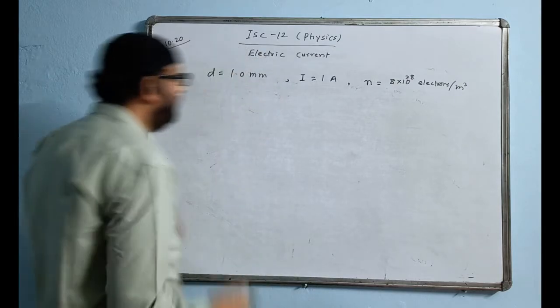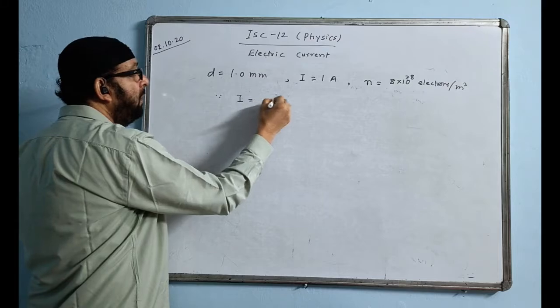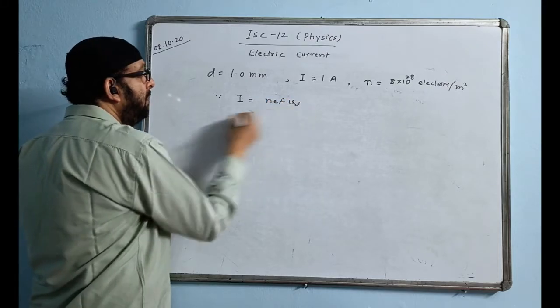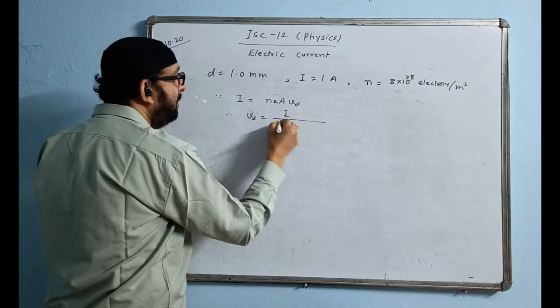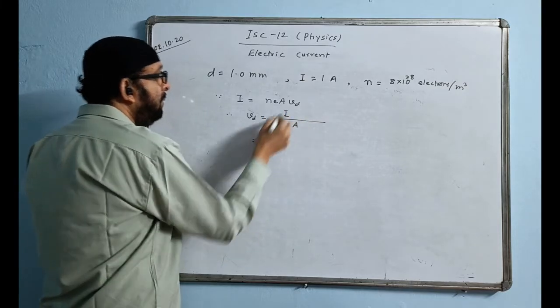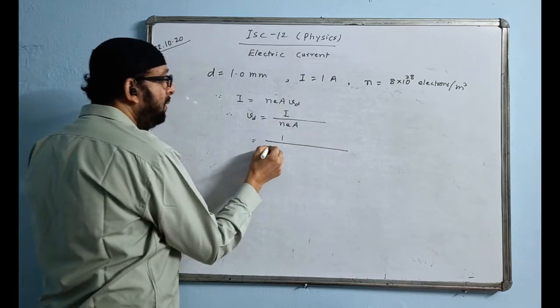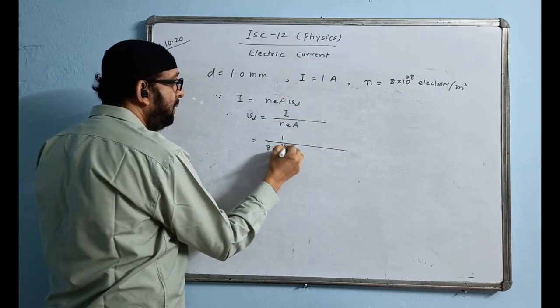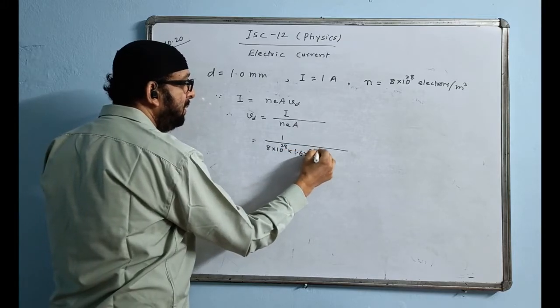Drift velocity of electron, we know the formula: I is equal to NEAVd. Therefore, Vd will be equal to I divided by NEA. Putting the value of current, 1 ampere. N value I put 8 into 10 to the power 28. E means the charge of electron, 1.6 into 10 to the minus 19.